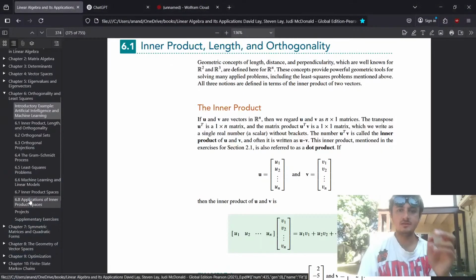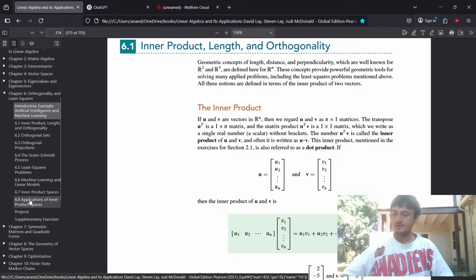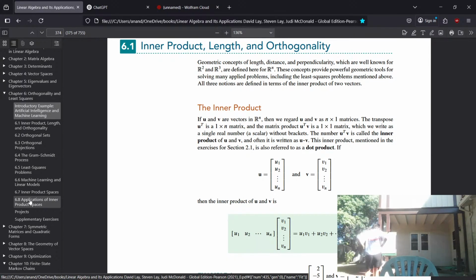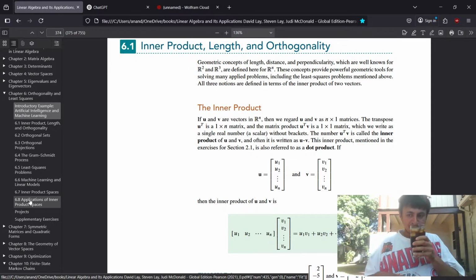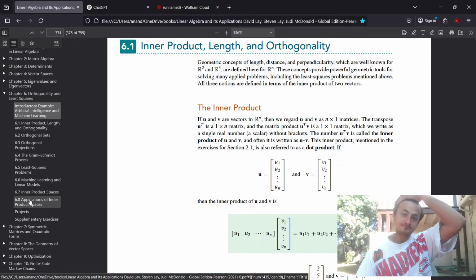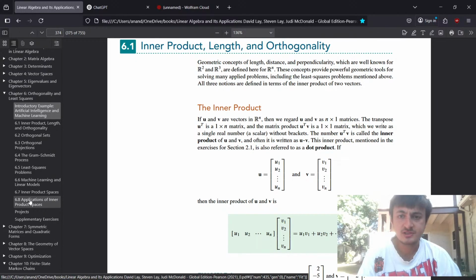So today is about... all right, we kind of have to bang through these sections because I'm pretty behind this week. Geometric concepts of length, distance, and perpendicularity, which are well known for R2 and R3, are defined here for Rn.